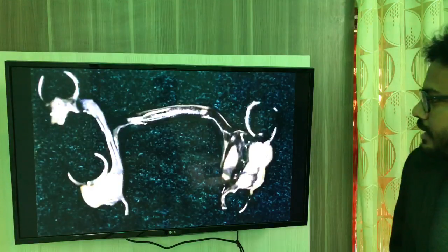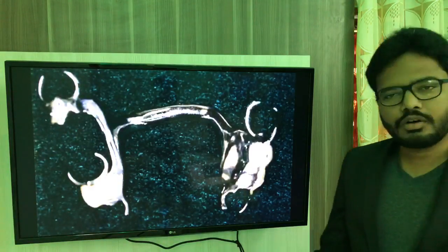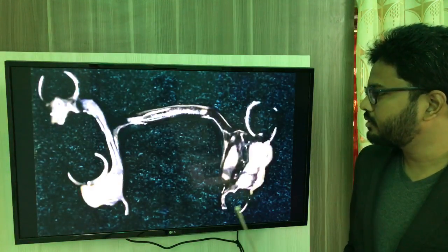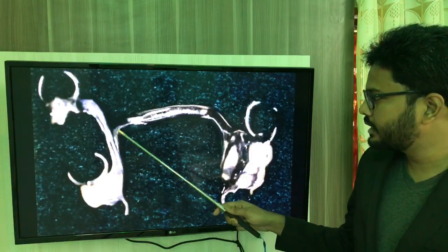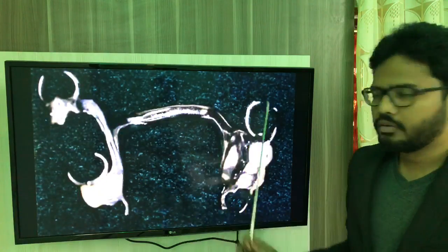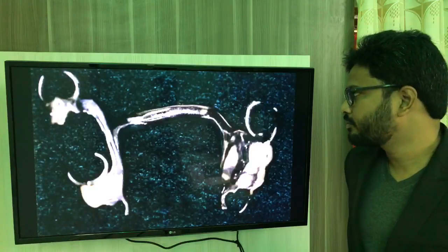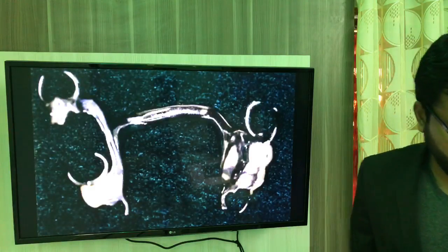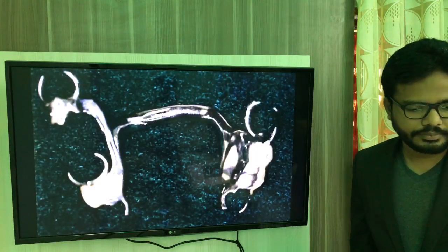So what does this represent? So this is also a maxillary major connector. You can see a single extension which is crossing the palate, right? So what does this image represent?